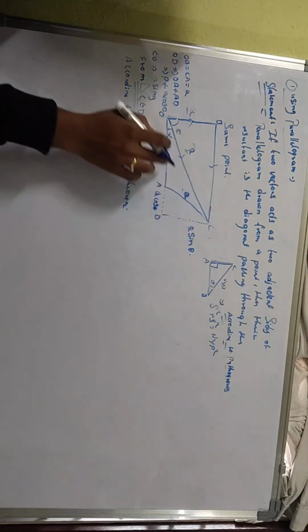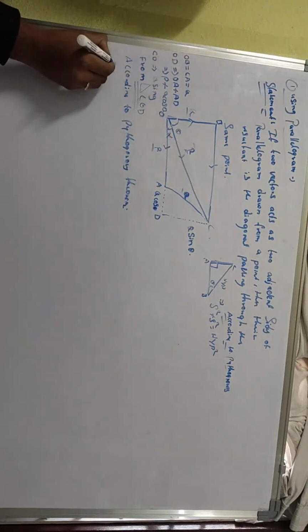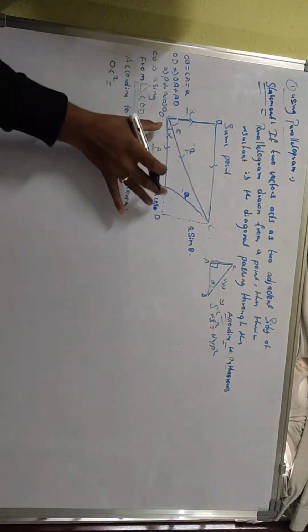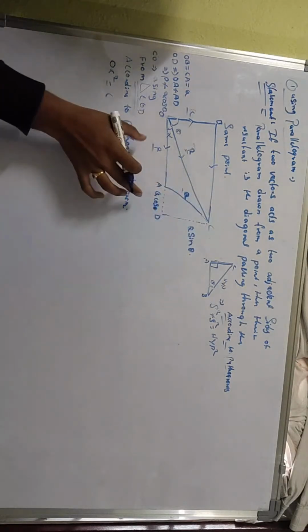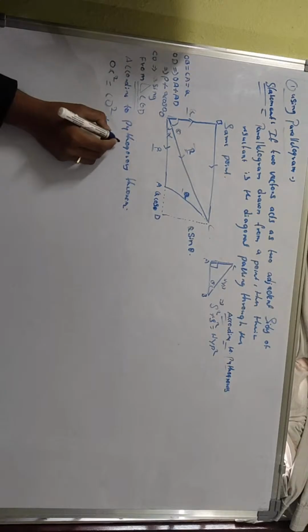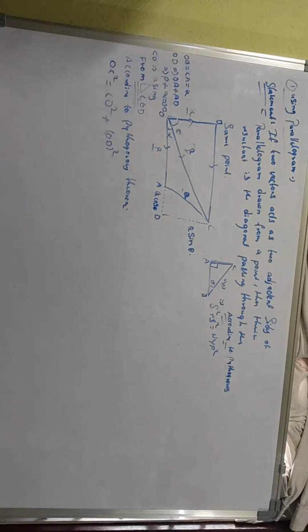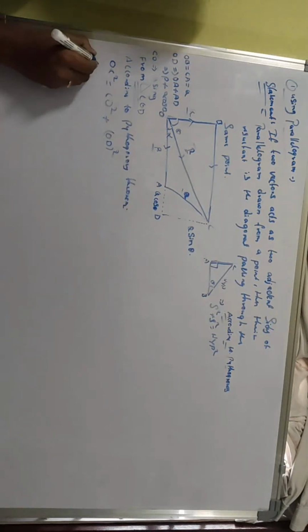Hypotenuse square, that means OC square is equal to CD square plus OD square. This is one side and this is another side. Everyone please observe this carefully.